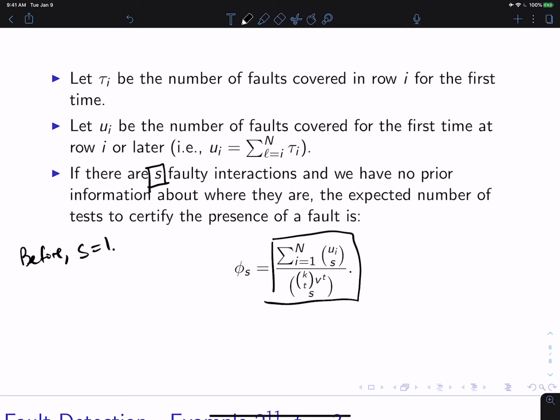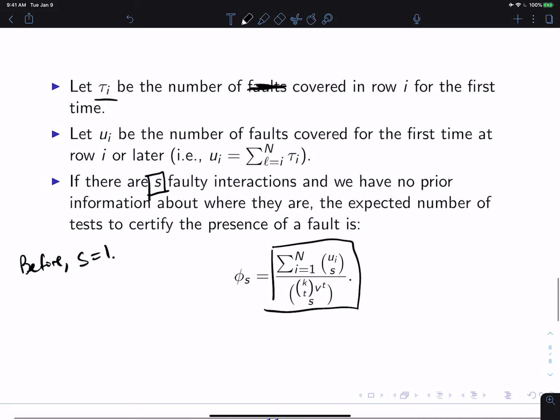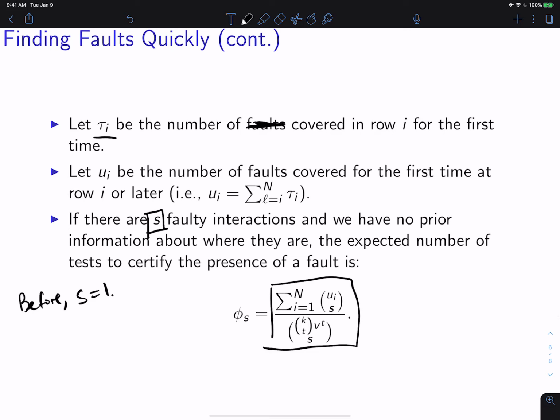Here, I'm just saying that T of I is the number of, actually, I have this wrong. Not the number of faults. If we knew the number of faults covered in a row, then we wouldn't need to do any of this computation. This should be interactions. That was my mistake, and I will correct it when I upload the PDF.